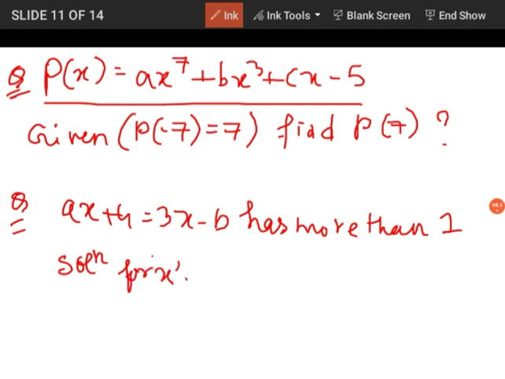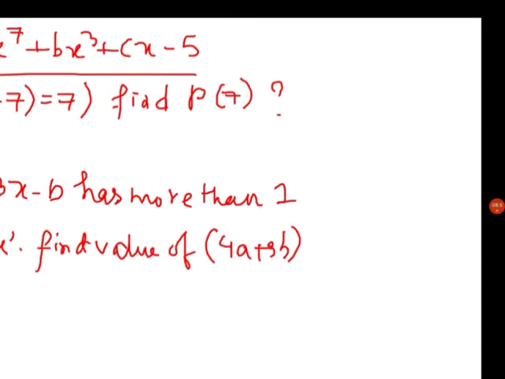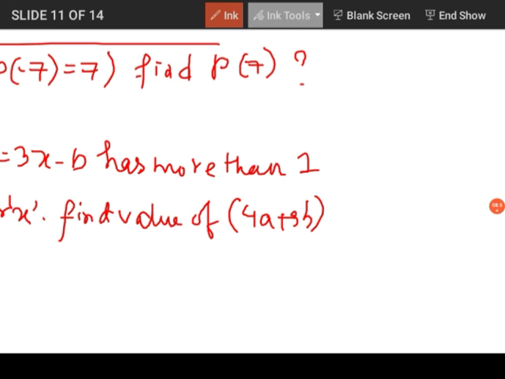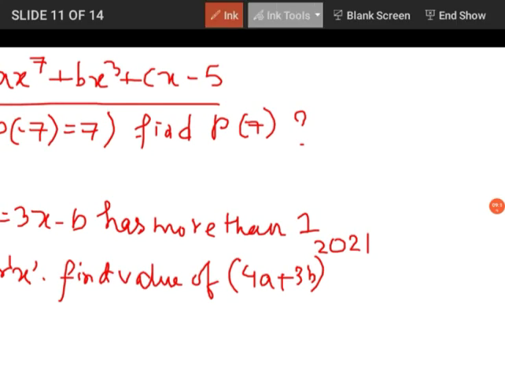Now find the value of 4a plus 3b, all raised to the power 2021. Okay, these are your homework questions. I hope that you will do them and you can submit this in our Google Classroom.